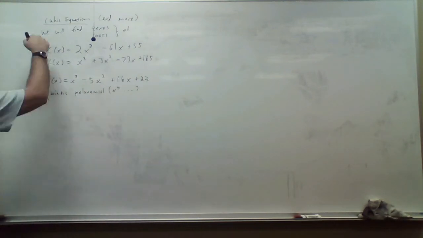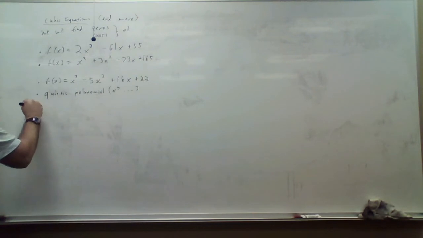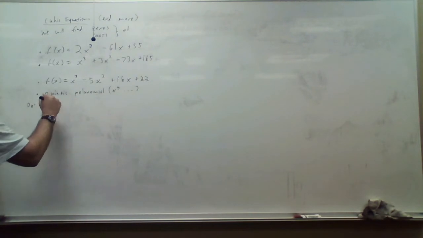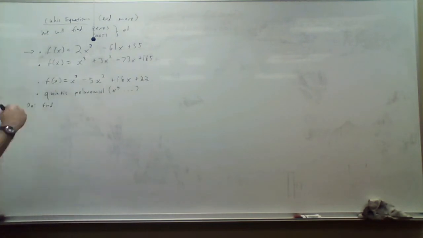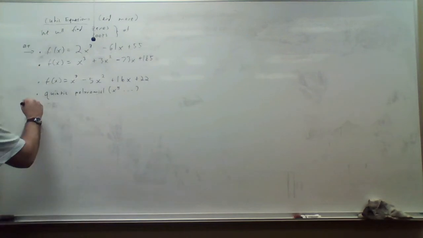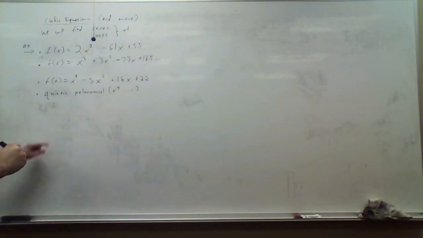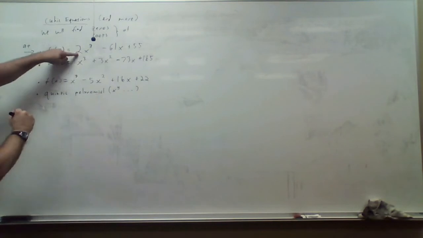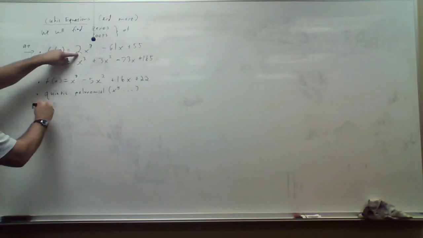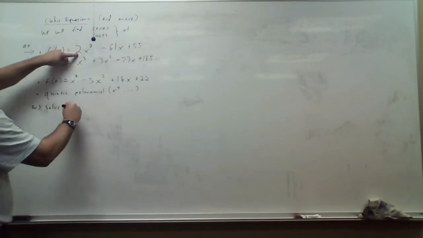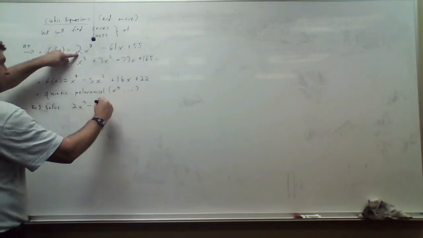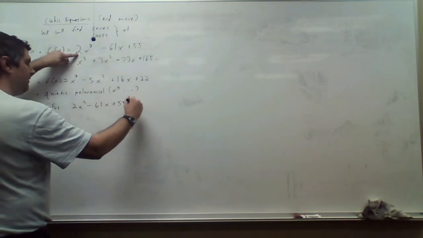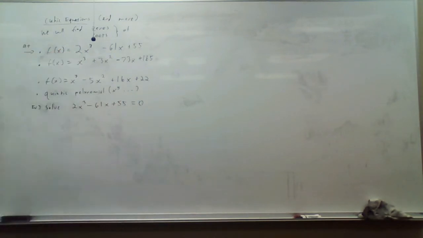So, we're working on this one. This is the one we're at. Okay? So to find the roots or zeros of 2x cubed minus 61x plus 55, we need to solve 2x cubed minus 61x plus 55 equals 0.